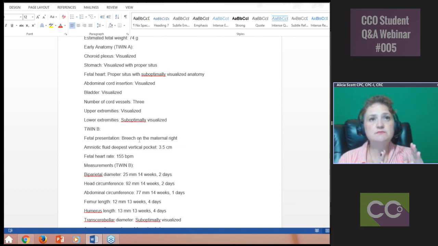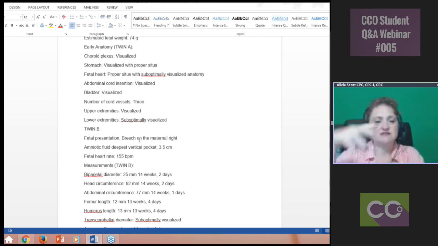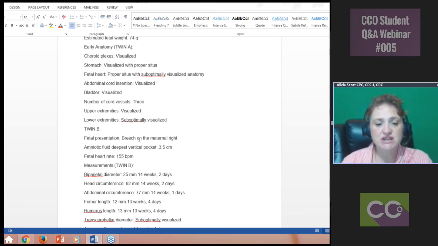So transverse is, I was thinking transverses this way, but twin B is breech. So heads up here, feet down here. That could change, but usually doesn't change with twins. But a lot of times babies will be breech and then they'll flip before they deliver.